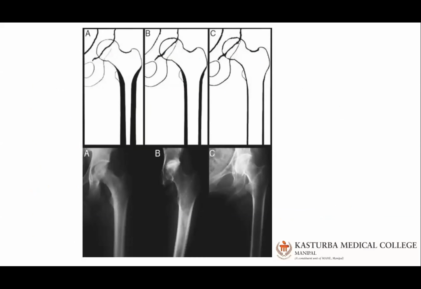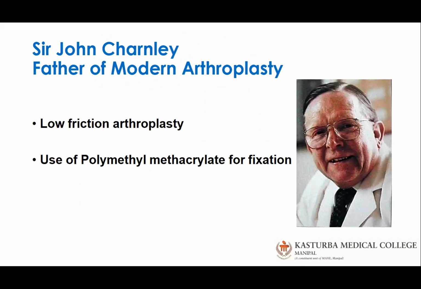This has been explained to you by Dr. Shamsi, where most of the time in Dorr C you select a cemented stem, and in Dorr B, sometimes if the need arises, you can also switch over to a cemented stem.